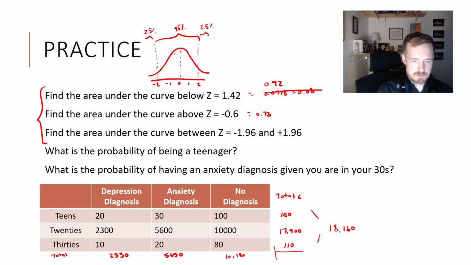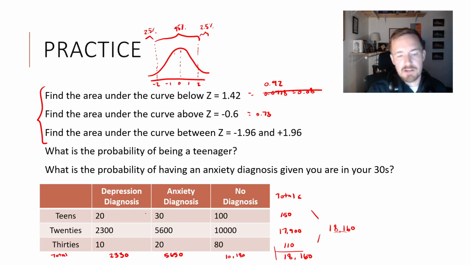So 2330 plus 5650 plus 10,180, and lucky us, 18,160. So we get it going across and going from top to bottom. We got the same totals. Perfect. We added correctly. We're ready to do the dirty work now.